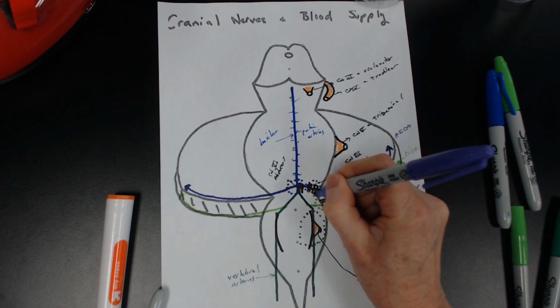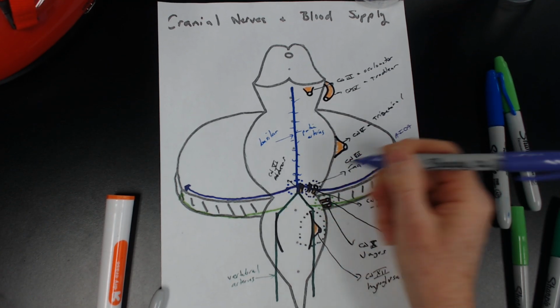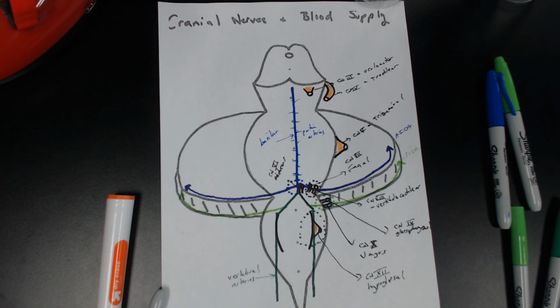It's going to be your lateral caudal pons. Okay, so somebody with a problem with AICA is going to have some facial droop, and they're going to have vestibular problems as well. Balance, dizziness, that sort of stuff.